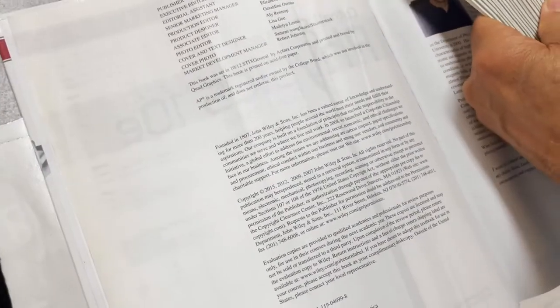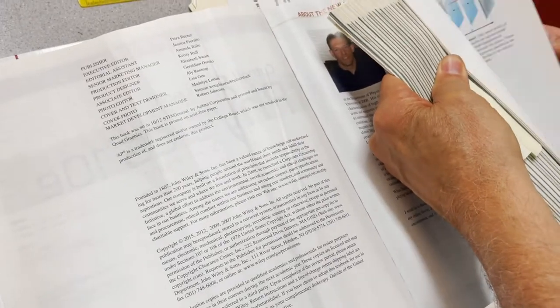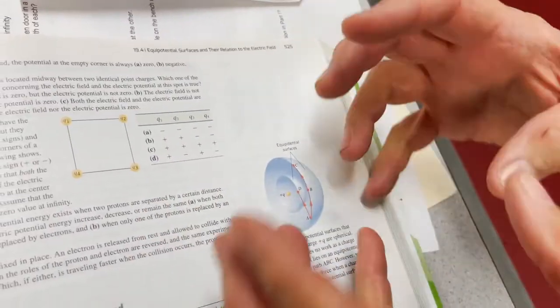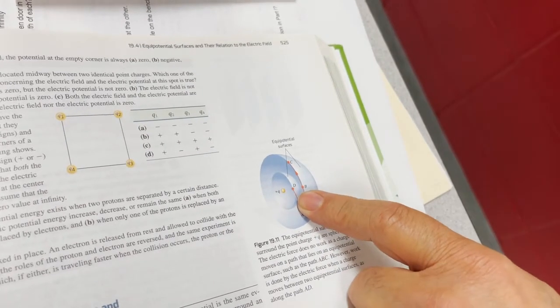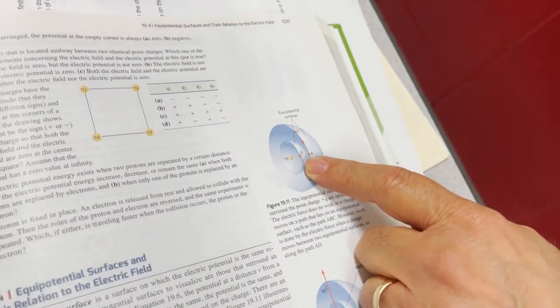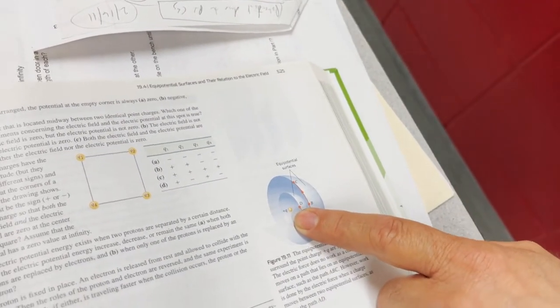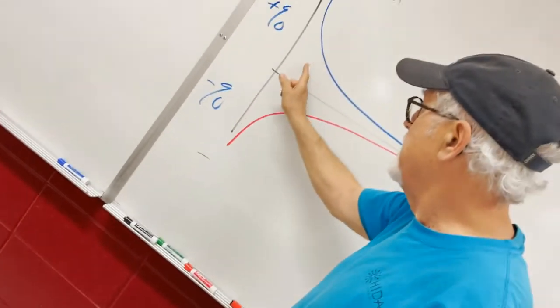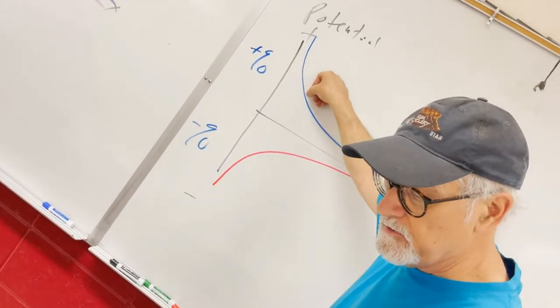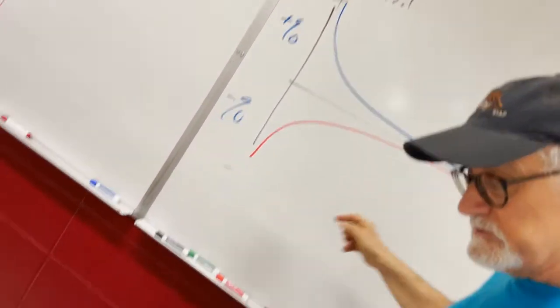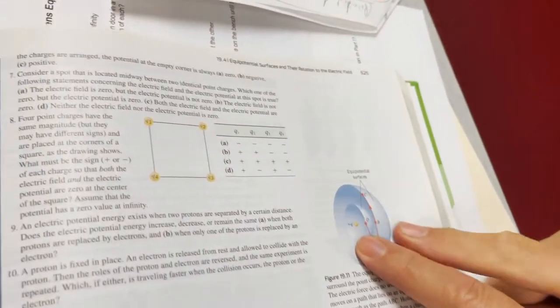Looking at it this morning. You can think of this as a positive point charge, and there are spheres around it where the potential is the same everywhere. Since this is a positive test charge, if you're right here, close in, everything in a shell of that radius has this value.